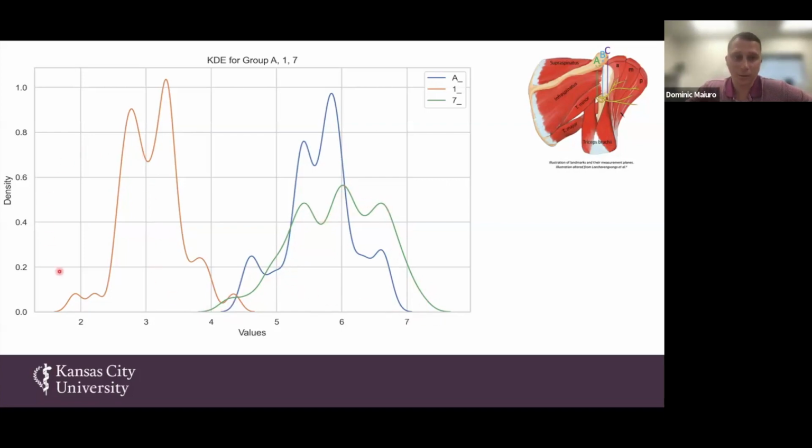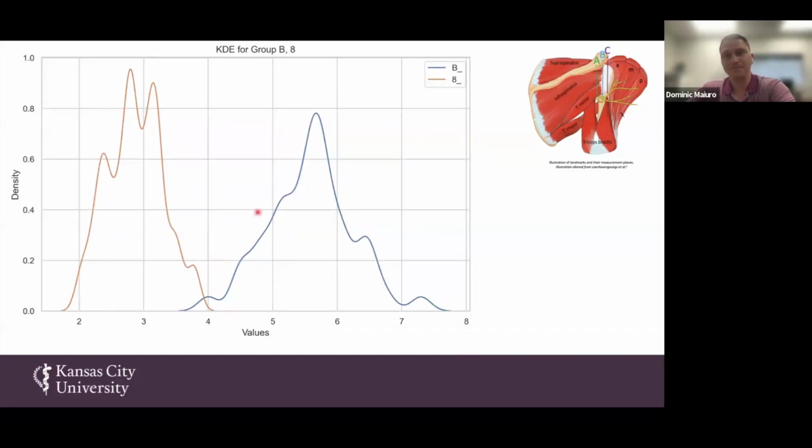While the other one that they use as the primary portal is very limited in its statistical overlap, as you can see here. And so now we're looking at B and 8, which is the axillary pouch portal.